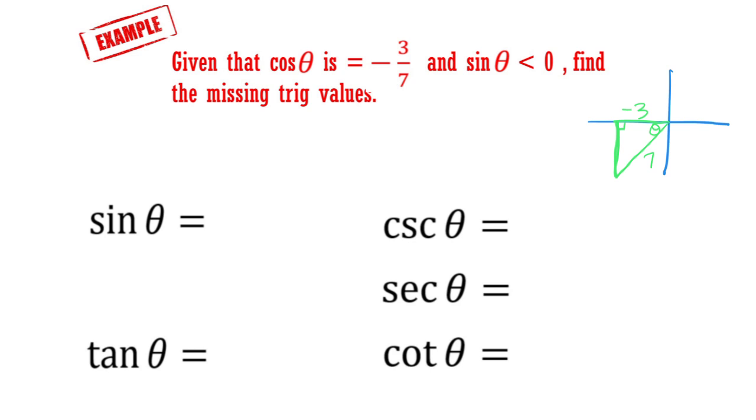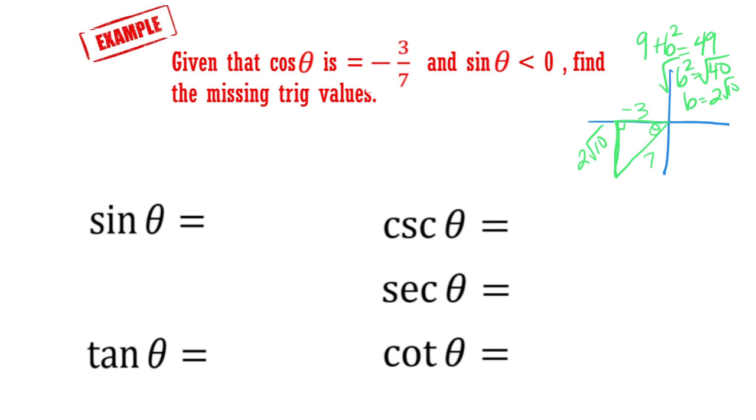And then I'm going to do a Pythagorean theorem to figure out what the other side is. So they'll give us enough information for two sides, then we're going to go do Pythagorean theorem. So it's going to be 9 plus b squared equals 49. So b squared is equal to 40, square root both sides, so b is going to be 2 root 10, and that's going to be right here.